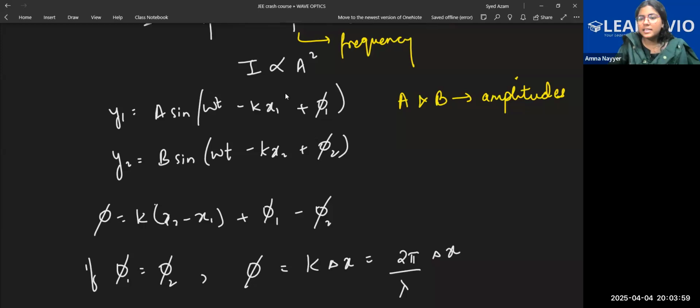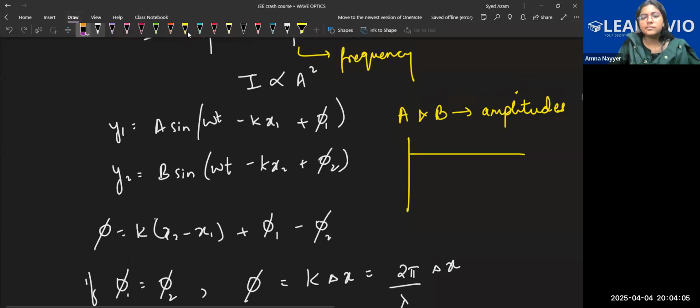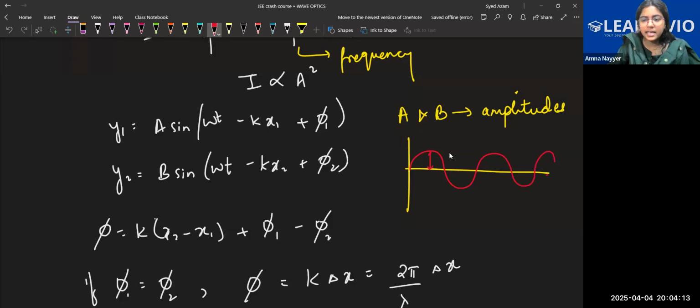Let's say this is y1. y1 is moving, this amplitude is a. Then another wave comes, that is b. b starts moving like this, so this amplitude is b.